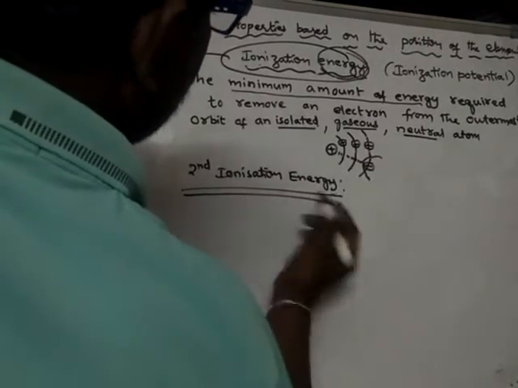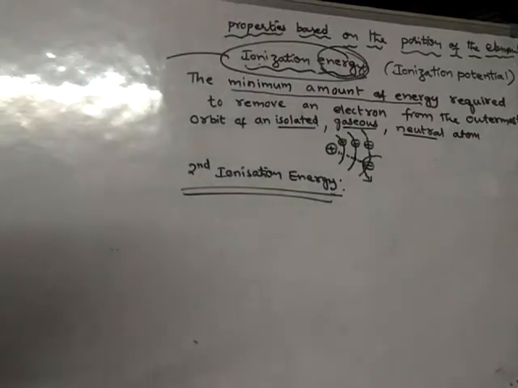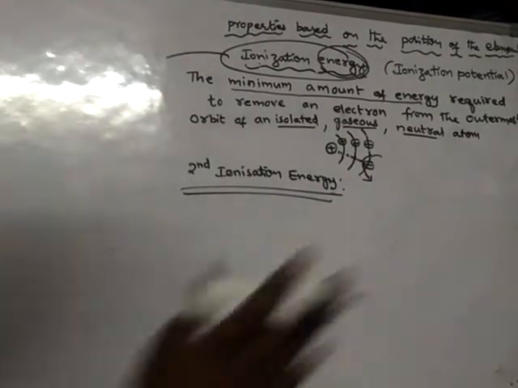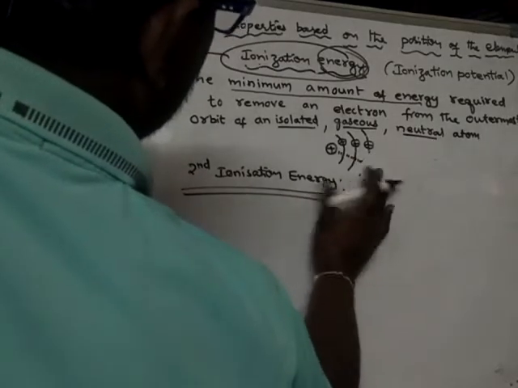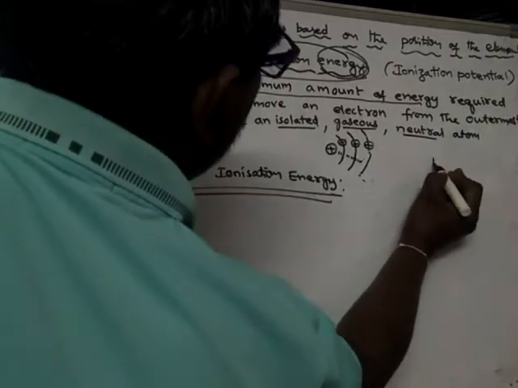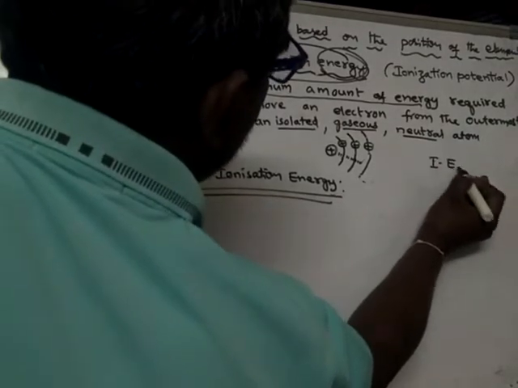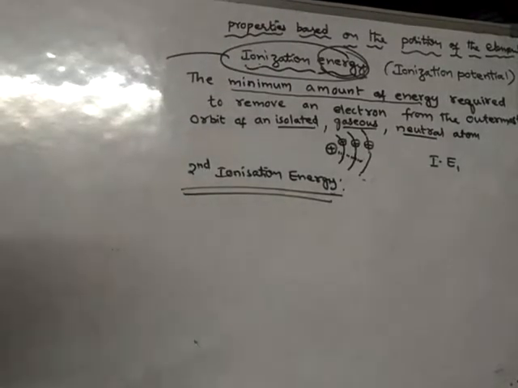Suppose this is an atom. I have removed this first electron from the outermost orbit. In order to remove this electron, I have to spend some energy, and that energy is said to be first ionization energy, simply IE1.